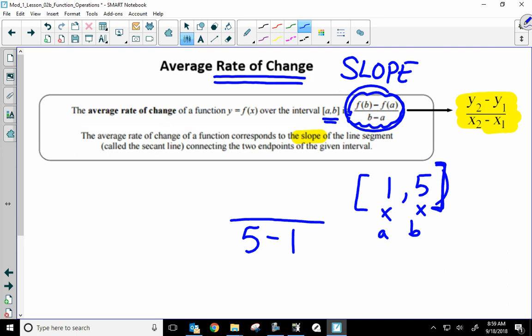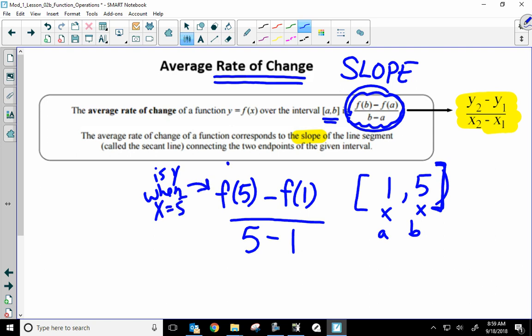And what would I have on the top? Well, how do I find my y value when my x is 5? I put it into the function. That would give me the y value. Same thing with my 1. So really, this is y when x is 5. So that really is a y value, isn't it? It's the y value that goes with this x.